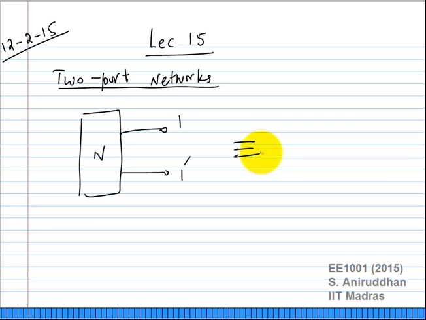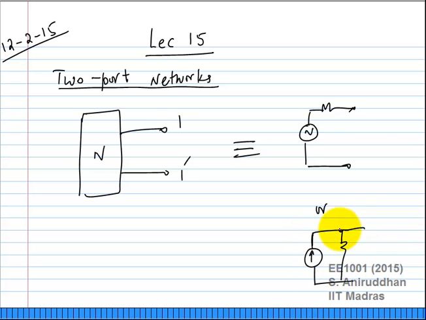We know how to represent these in a very simple way. You can use either the Thevenin equivalent or the Norton equivalent to describe these kinds of networks. Basically, you can replace any of these.